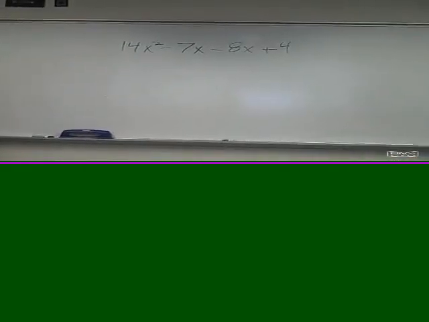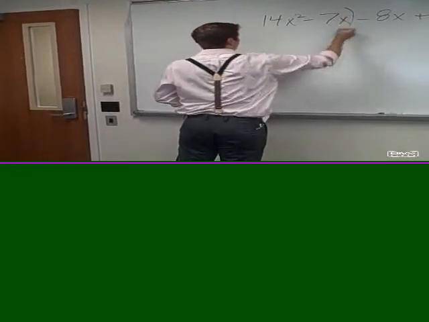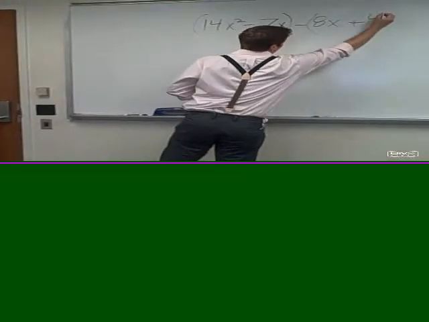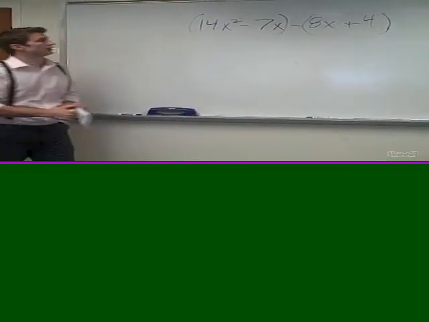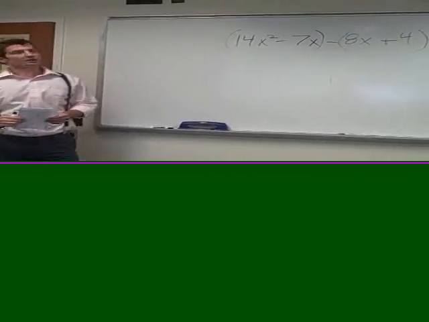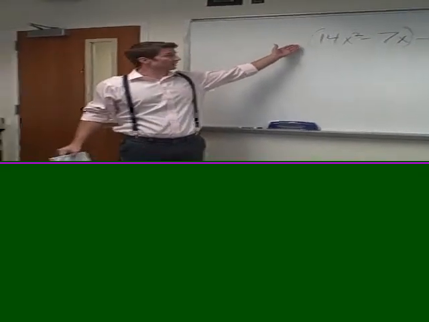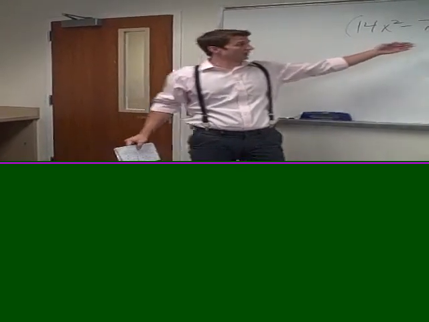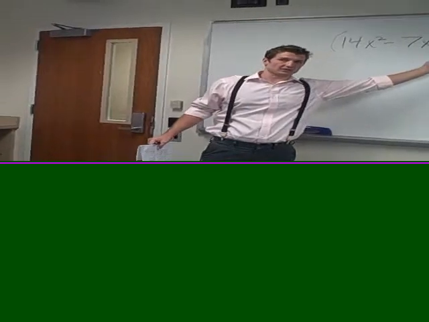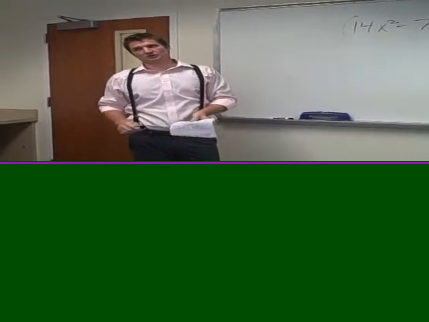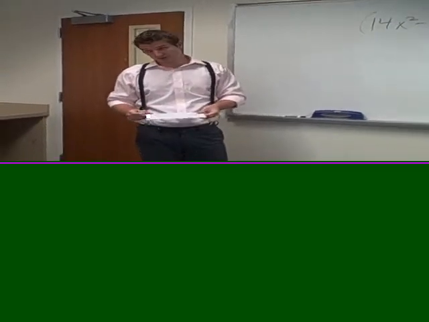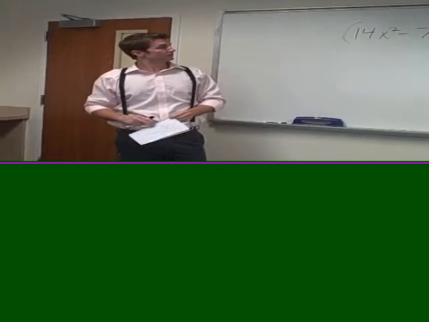Okay. Now, if we look at this as a sum of two parts, then we can find a common factor here and another here that we can factor out using the reverse process of the distributive property.